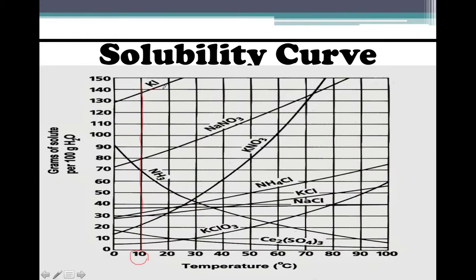And I see KI up there. So that one would be the correct answer. It's the most soluble, meaning the one highest up. You can get more of it, 130 grams of potassium iodide, into that water at 10 degrees Celsius.